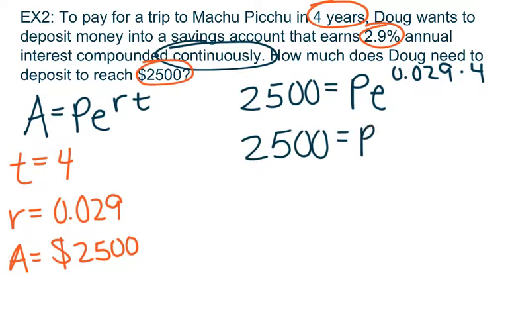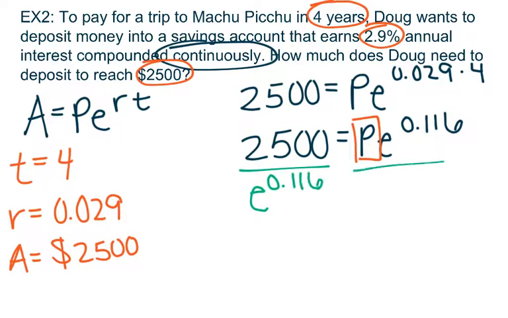So I'm just going to make our exponent look a little bit prettier, multiply the rate times the time, and now we can go ahead and try to get P by itself. Now it's being multiplied by E to the power of 0.116. So now to undo that operation, let's go ahead and divide both sides.